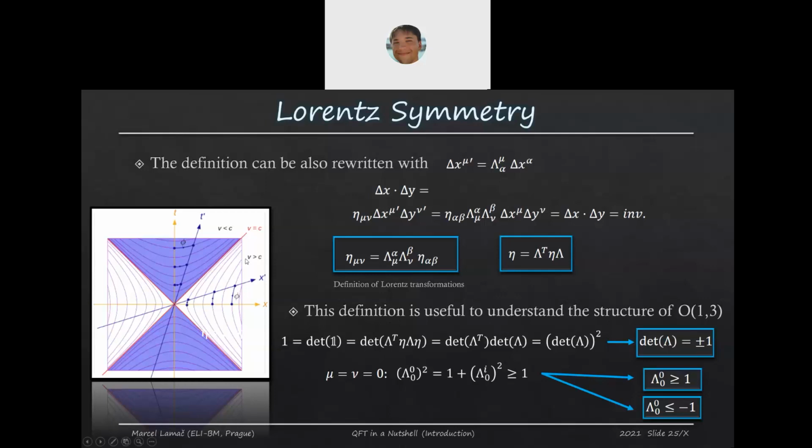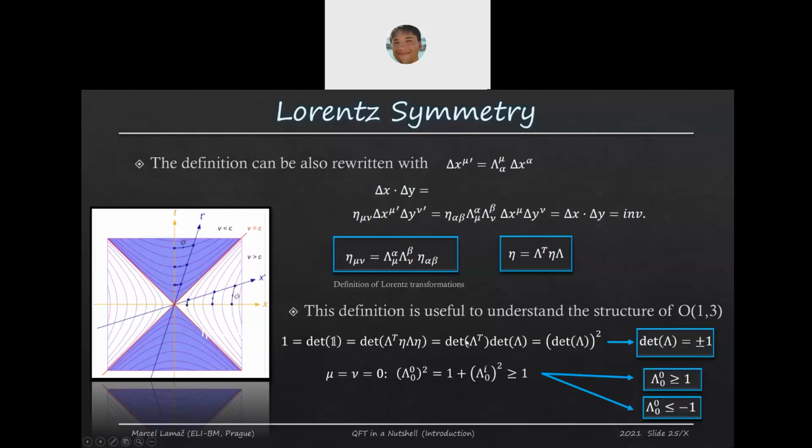So on the left, we are considering the determinant of the equation where the Minkowski matrix is multiplied by another Minkowski matrix. On the left-hand side, we simply have 1. We take the determinant of it. It is 1. On the right-hand side, we have the determinant of this guy. We use the definition of the determinant, which is that we can separate the determinants, and the determinants of the Minkowski matrix are minus 1.